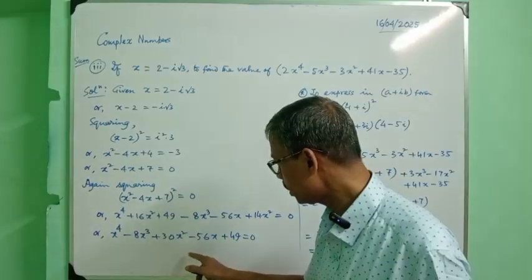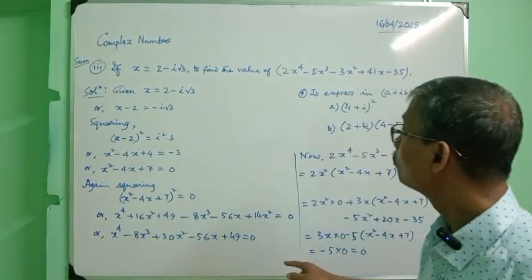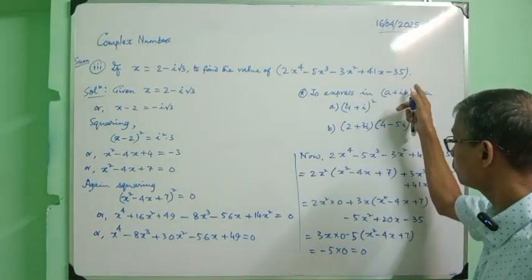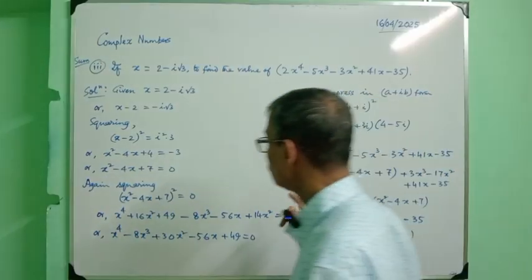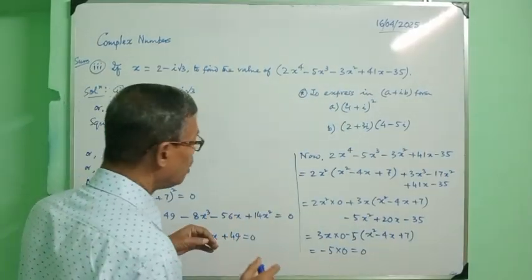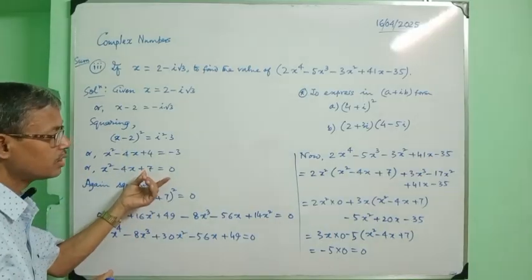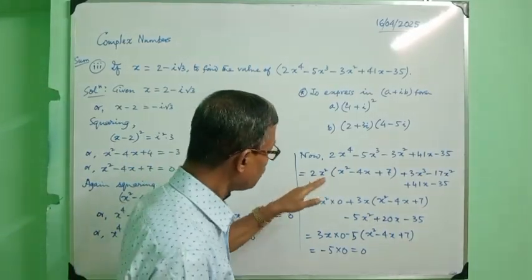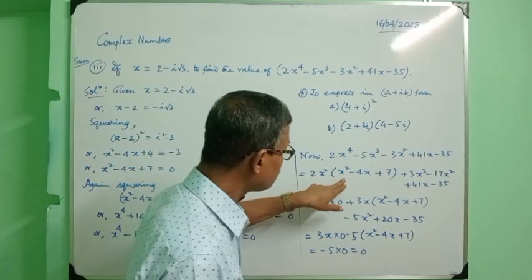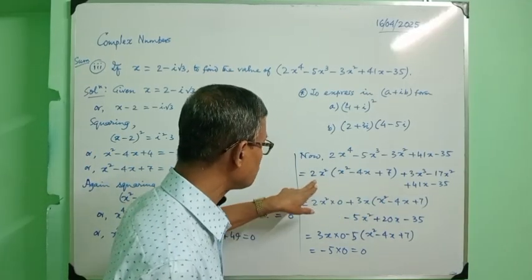Squaring this one, we are getting this one. Now to find the value of this expression, I have written that. Keeping this result in mind, we first take this expression which is to be multiplied by 2x square.